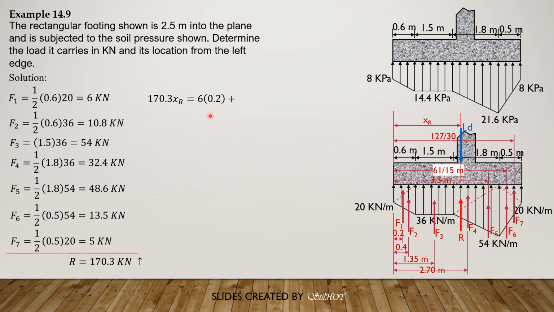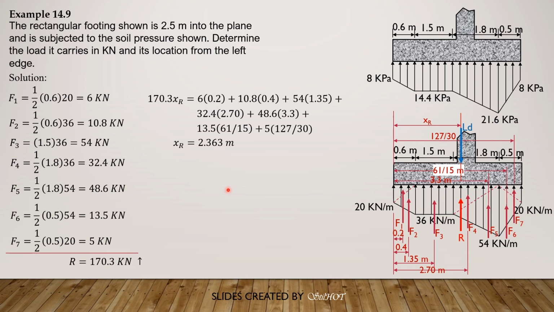So equals F1 times 0.2 plus F2 10.8 times 0.4 plus F3 equals 54 times 1.35 plus F4 32.4 times 2.7 plus F5 48.6 times 3.3 plus F sub 6 13.5 times 61 over 15, and plus F7 5 times 127 over 30.